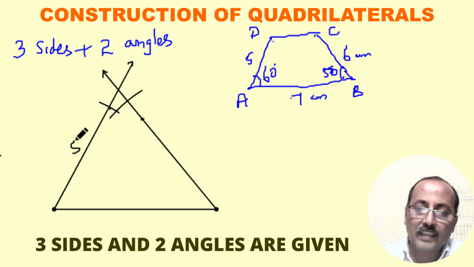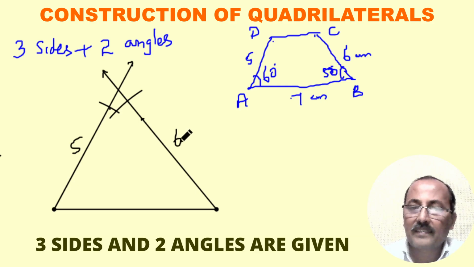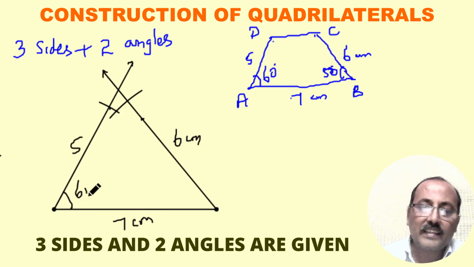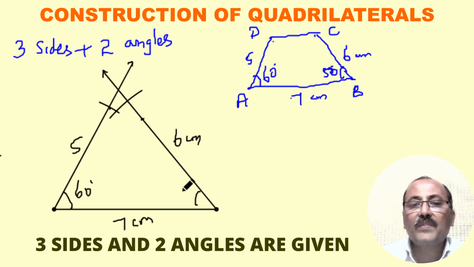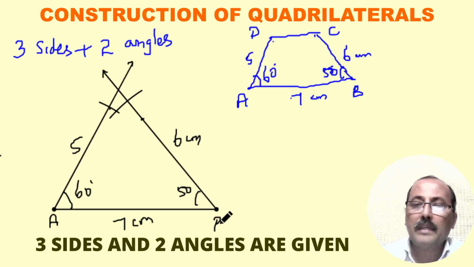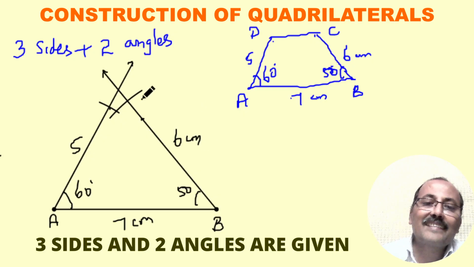This is 5 centimeter, this is 6 centimeter and this is 7 centimeter. Angle A is 60 degree, angle B is 50 degree and this one is A, B and here is C and here is D.